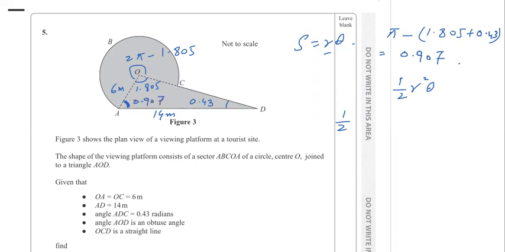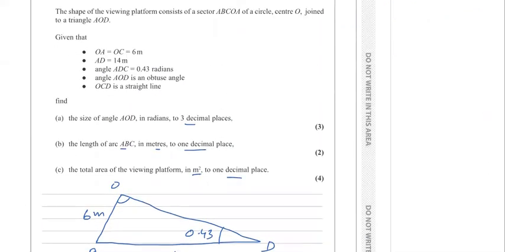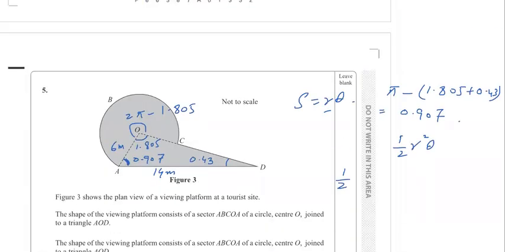Now we can find the area of the whole platform in meters squared. The area of the platform equals 1/2 r squared theta plus 1/2 times 6 times 14 times sine of the angle between these two sides, because we are finding the area of a triangle.